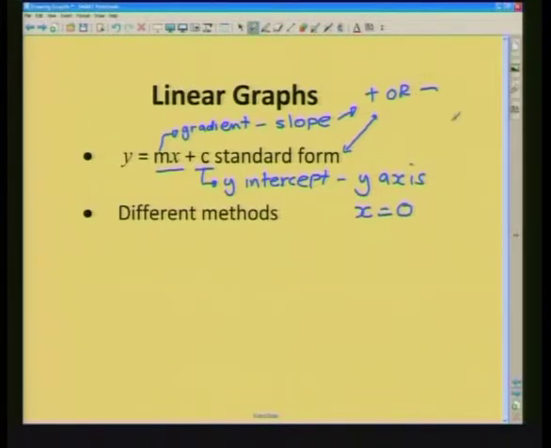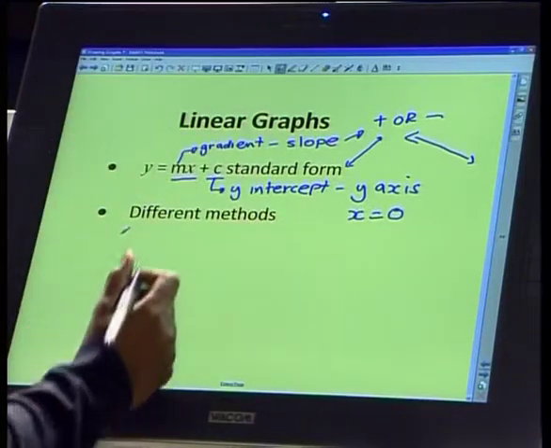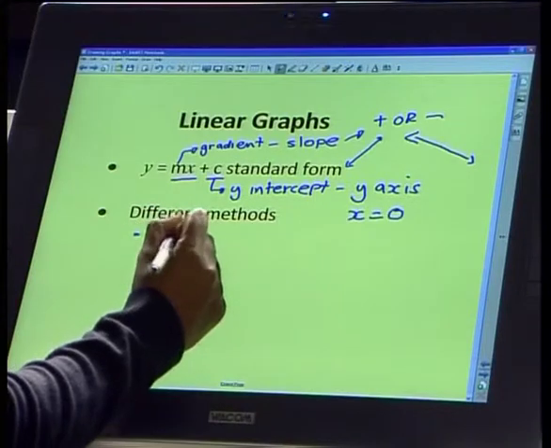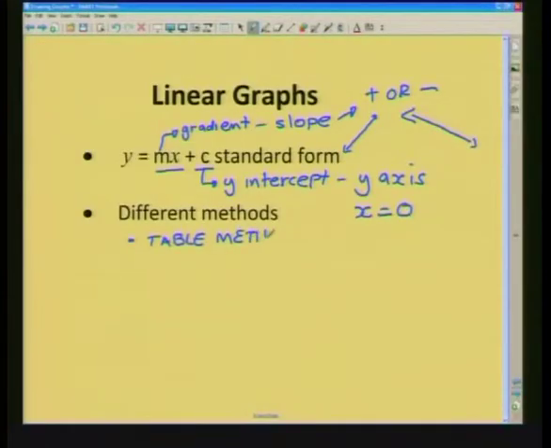A negative gradient means your graph slopes towards the negative numbers, since on your number line, all the negative numbers are on the left-hand side. There are different methods that we can use in order to sketch a straight line. The two methods that I'm going to be looking at are the table method. These are the most common methods of sketching straight lines. And we also do something called the dual intercept method.